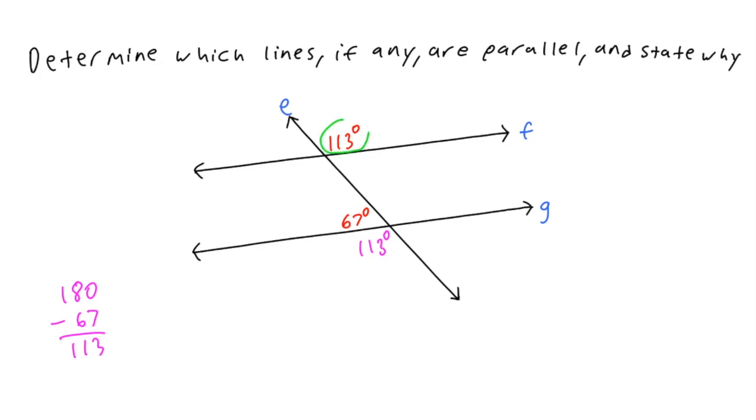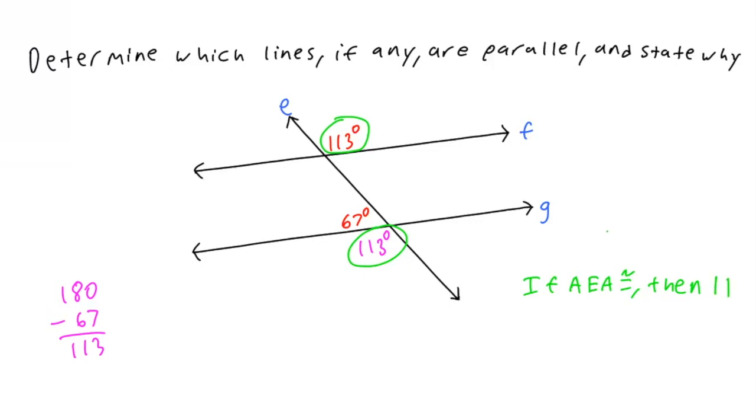So these two angles here are alternate exterior angles. So we can say if alternate exterior angles are congruent, then the lines are parallel. So then the lines are parallel.